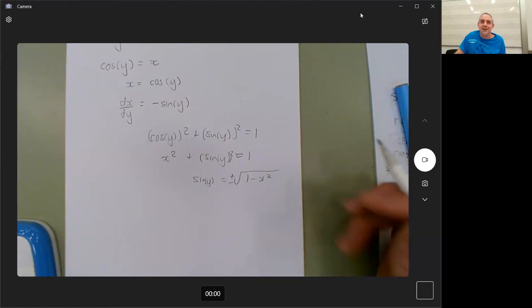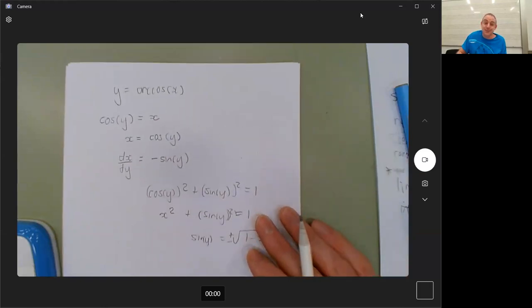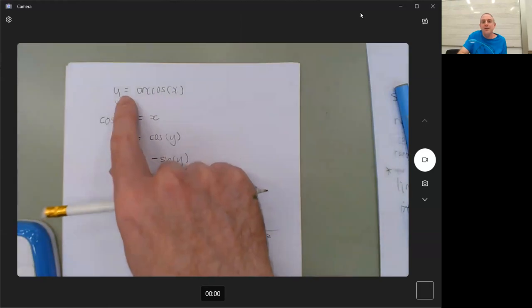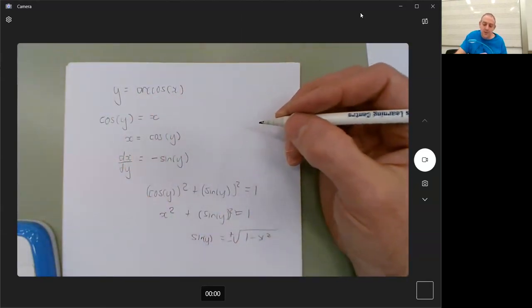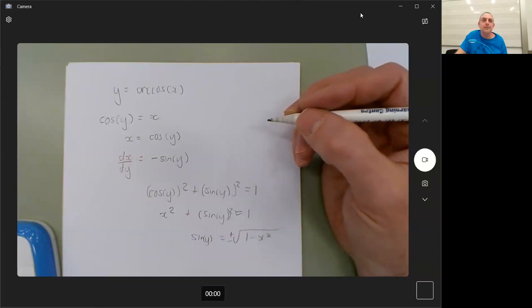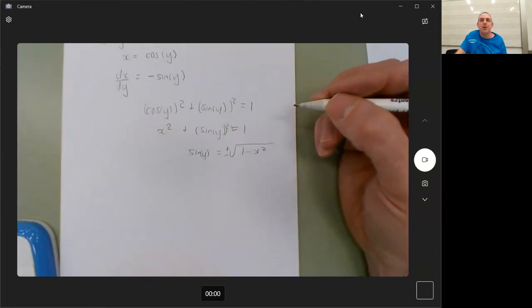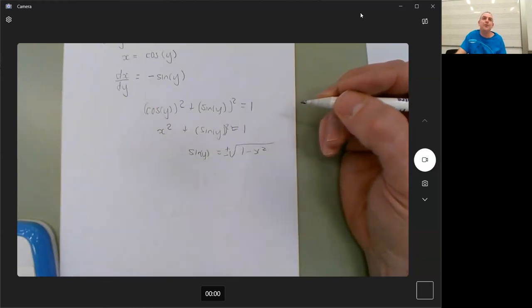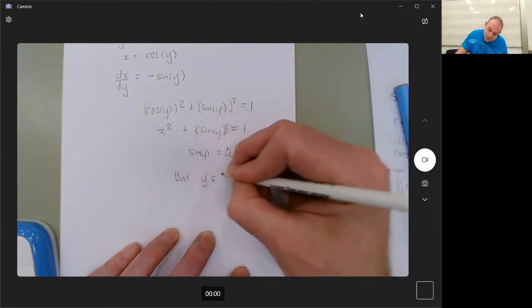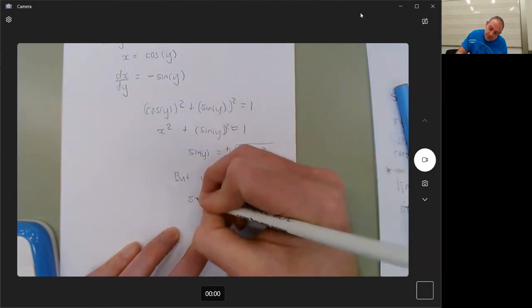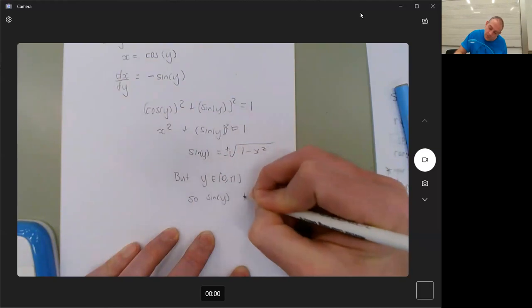Are you ready? Look at this. If y is arc cos of x, that would mean that y is between 0 and pi. And sine is positive there. And so sine of y has to be the positive square root. But y is between 0 and pi. So sine y is positive.